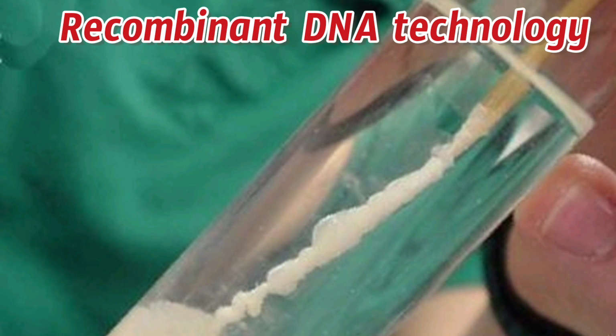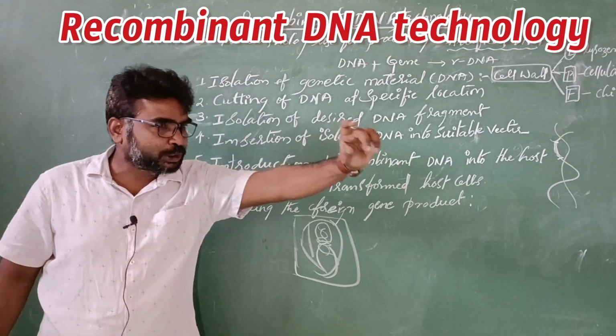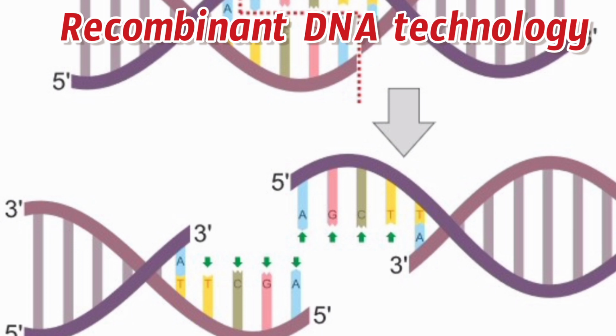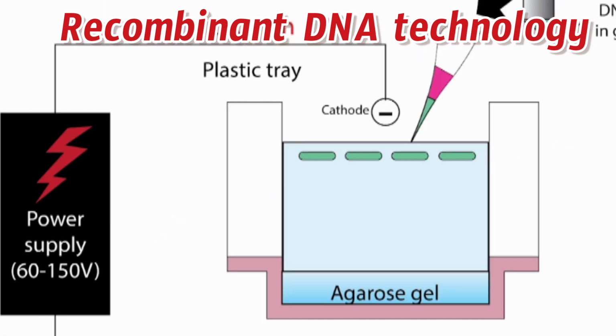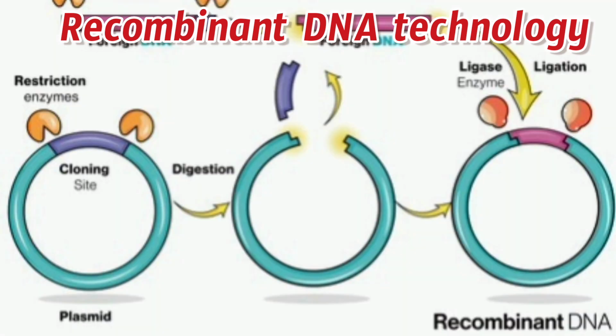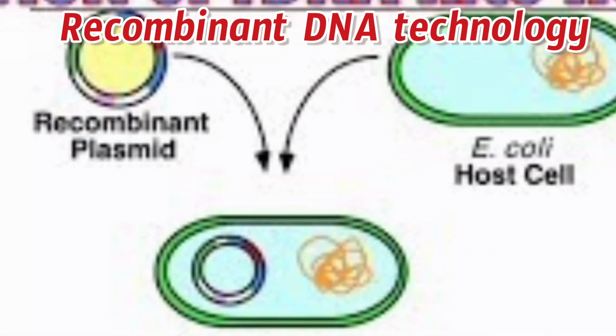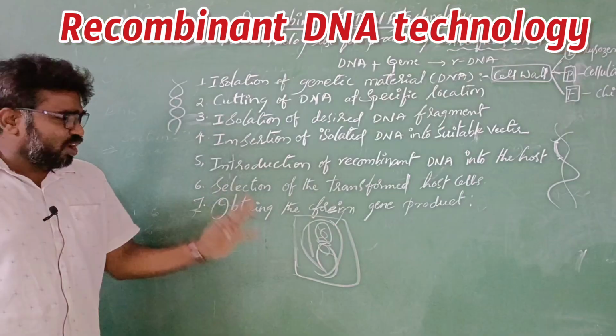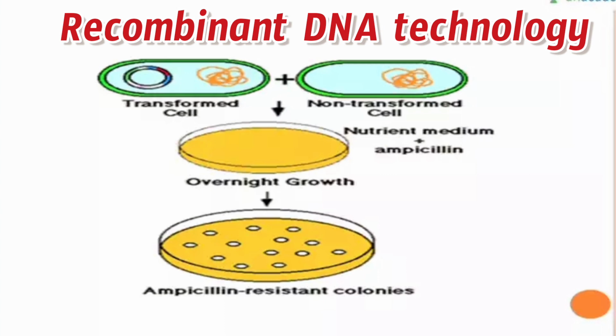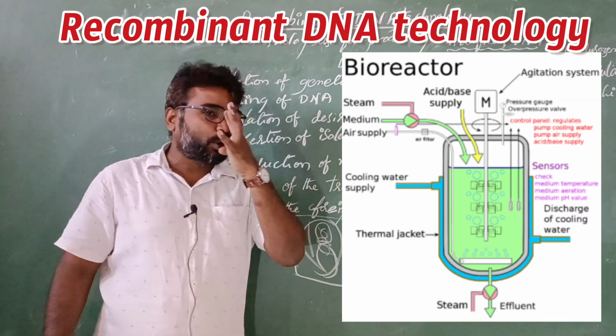The first step is isolation of genetic material, second, cutting of DNA segment at specific location, third, isolation of desired DNA fragment, fourth, insertion of isolated DNA into the suitable vector, fifth, introduction of recombinant DNA into the host cell, sixth, selection of transformed host cells, and seventh, obtaining the foreign gene product.